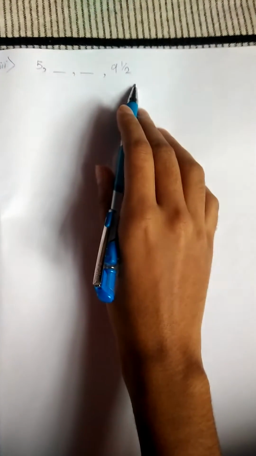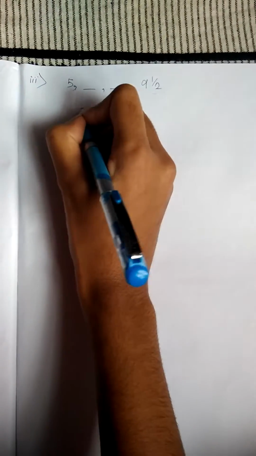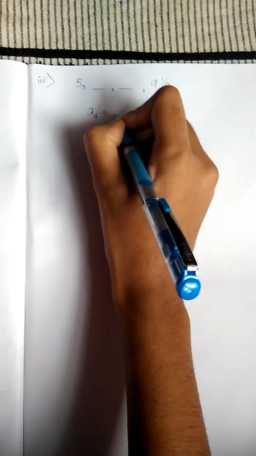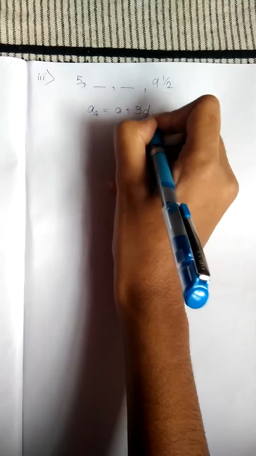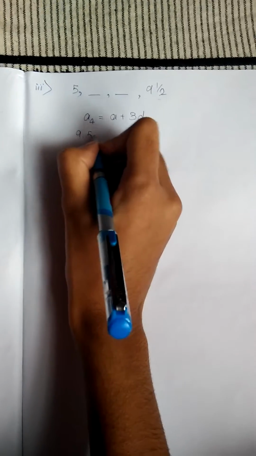Okay, in the third sub question, the first term and the last term are given. We have to find the second and third term. I will write the fourth term, a4 equals a plus 3d. a4 I know the value as 9.5. I will write in decimal form so it makes the calculation easier.